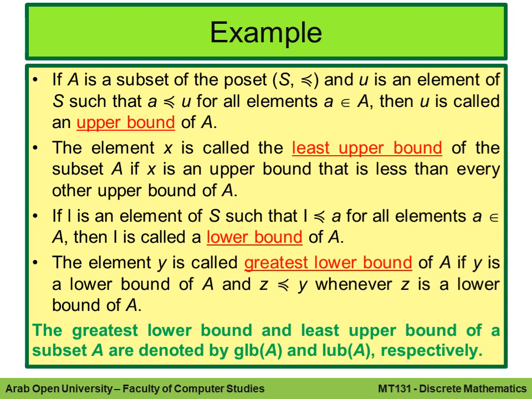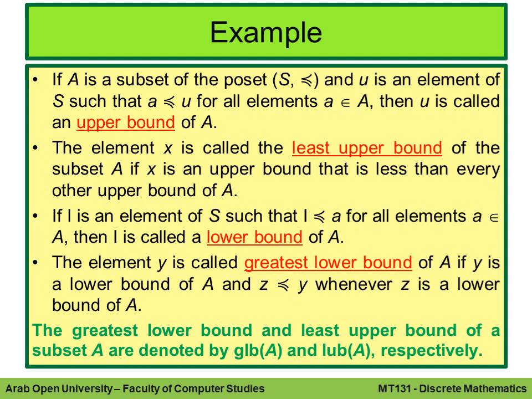Now, what about lower bounds? A lower bound has to be something less than all the elements in the set. This is called a lower bound. There could be more than one. The greatest lower bound is the lower bound that is larger than any other lower bound. So an element is called a greatest lower bound if it is a lower bound and it's greater than any other lower bound.